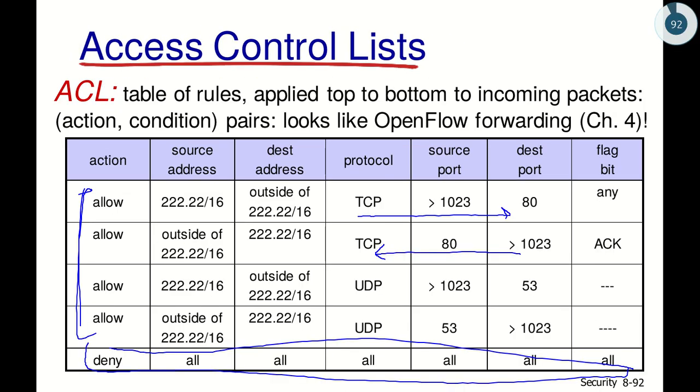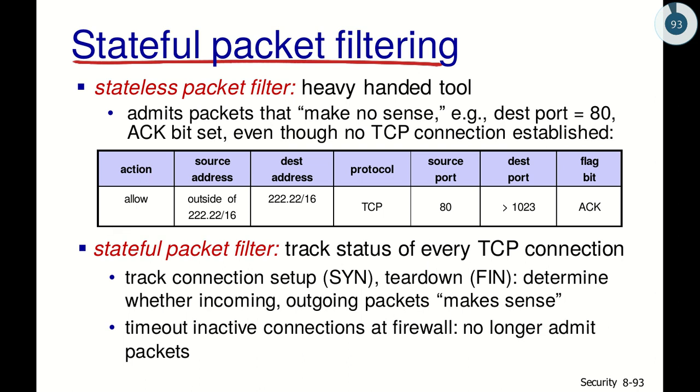All right, now we'll look into stateful packet filtering. If we look back at stateless packet filtering, there are some limitations or drawbacks. For example, it can still admit packets that make no sense. For example, a packet with source port 80 and the ACK bit set will be allowed if we are using only stateless packet filtering.